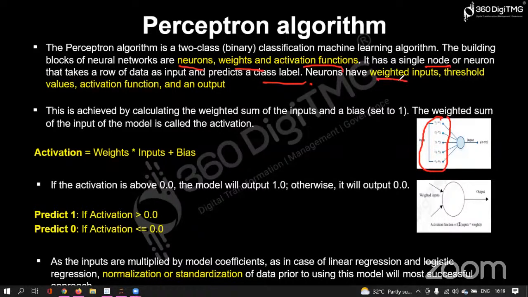Weights are weighted inputs, threshold values, and activation function. If you have errors in our data, we correct the error function by changing the weights. Based on that, we correct the errors. This is achieved by calculating the weighted sum of the inputs. So let's see how the perceptron normally works.